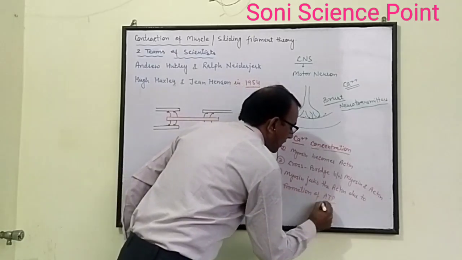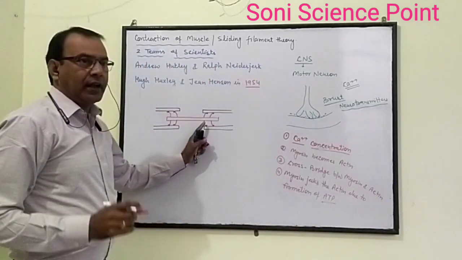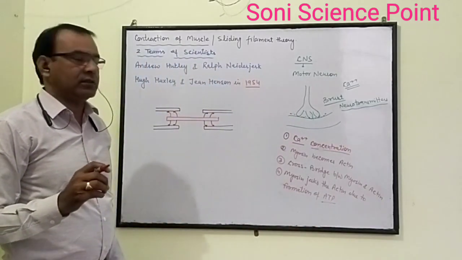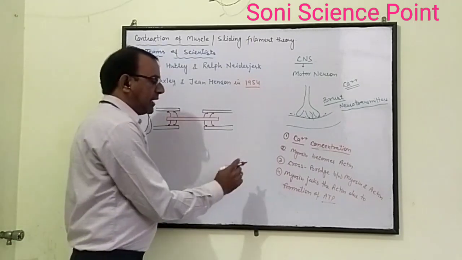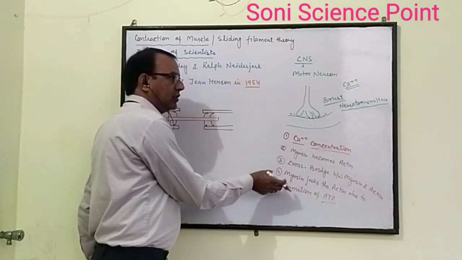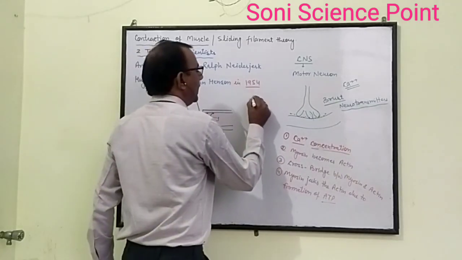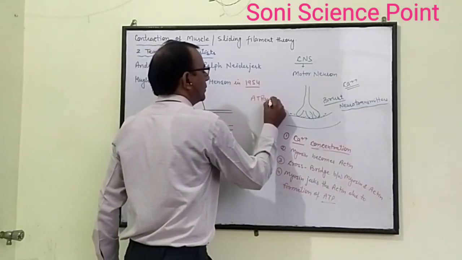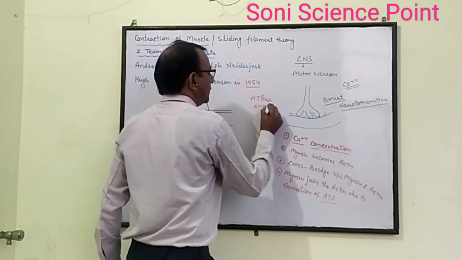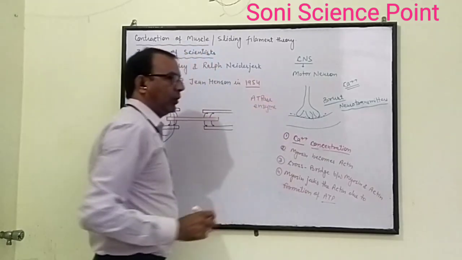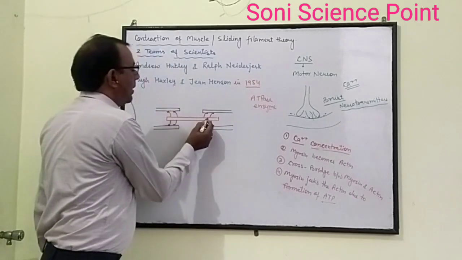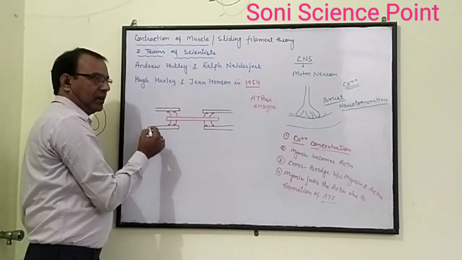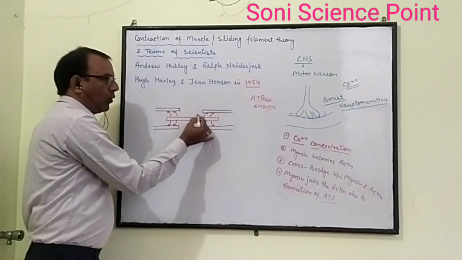We have already studied that the myosin head is a tadpole-like structure which contains an ATP binding site. So we can say that the head, the polarized structure of myosin, acts as the ATPase enzyme which synthesizes the ATP molecule. Due to the ATP energy, myosin slides the actin, and thus actin slides over myosin.